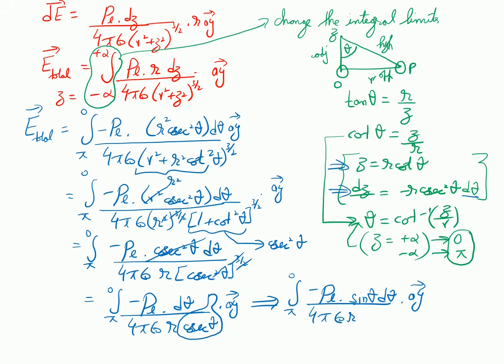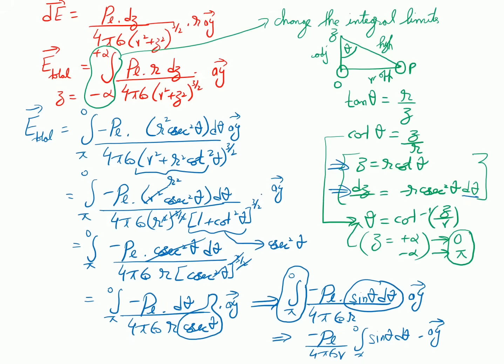Now I can integrate this limit with this sine theta and d theta. So my answer comes out to be minus rho of L divided by 4 pi epsilon naught into r, and this is pi to 0 sine theta d theta along a of y. Then I can simplify it.